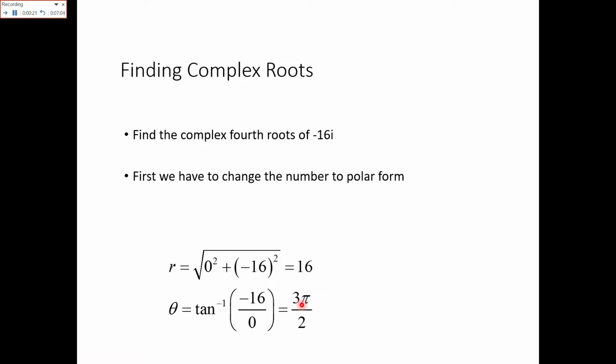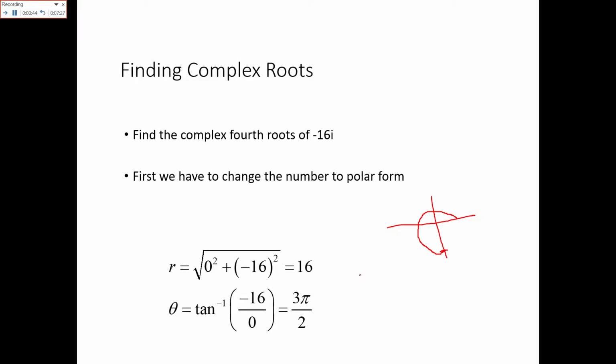How is it 3 pi by 2? Because the value is minus 16 iota. So it is basically on the negative side of the imaginary axis, and when we measure the angle from the x-axis to this, it becomes 3 pi by 2.